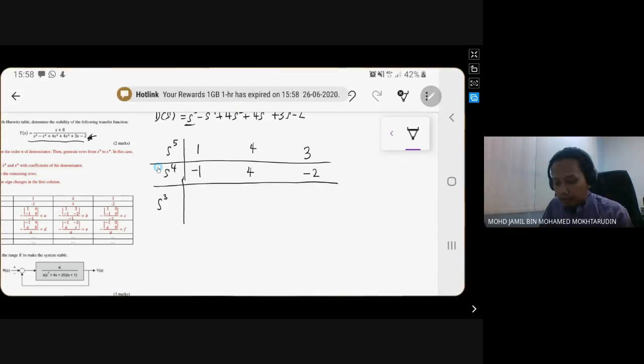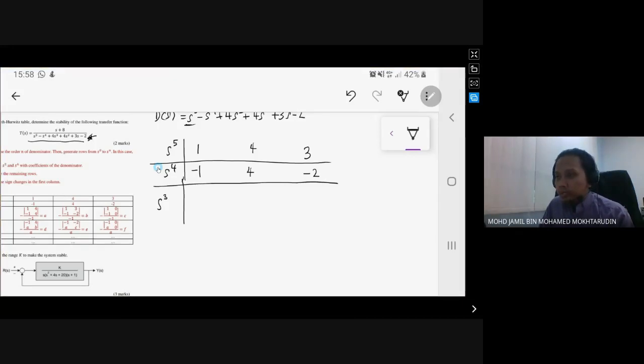Some of your friends in section 2 asked me whether they need to show the determinant. So the best practice is to show the first determinant if you feel lazy. Just show the first determinant and the rest may be understandable. So maybe you show the first one.